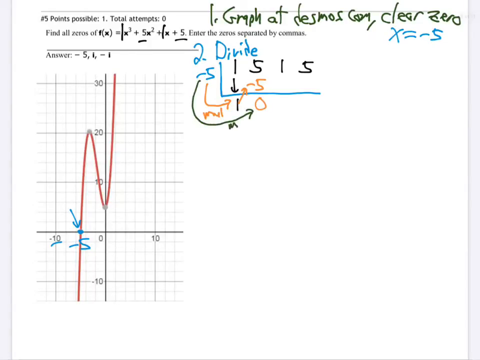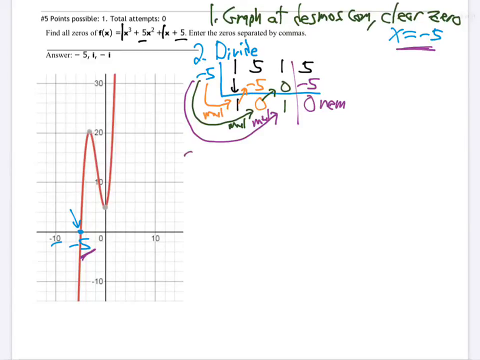Now, -5 times 0 is 0, add them up, 1. And then -5 multiplied by 1 is -5, add them up, 0. 0 remainder, that tells us indeed x equals -5 goes in evenly, so that must really be a 0 from the graph like we saw.